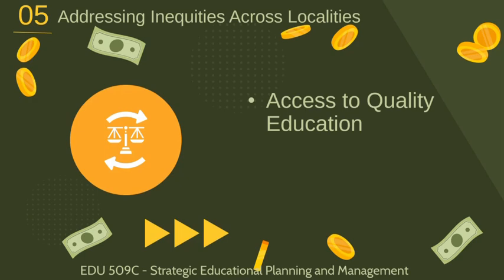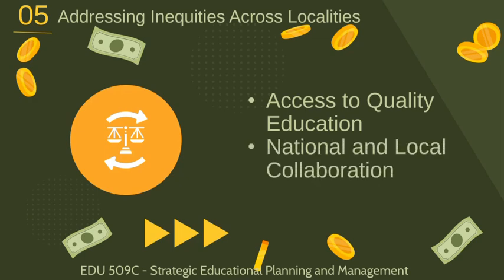In many rural or underdeveloped areas, schools may lack basic resources and teachers may not receive adequate training. In contrast, urban centers often have better funded schools, more experienced teachers, and advanced technology. So this leads to unequal educational outcomes.